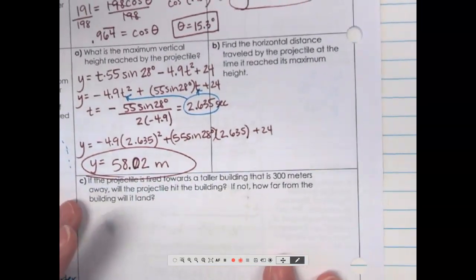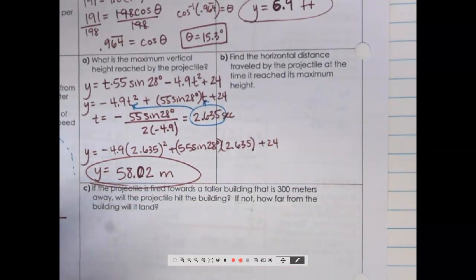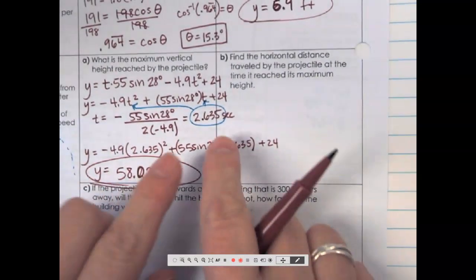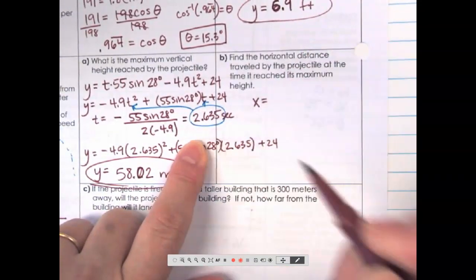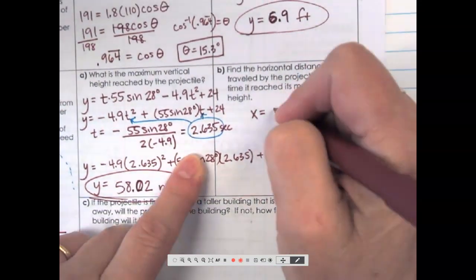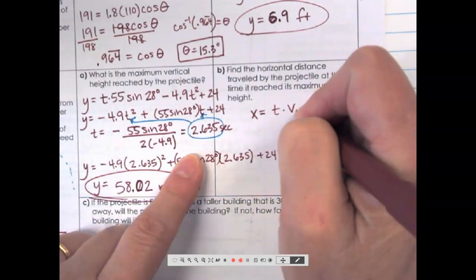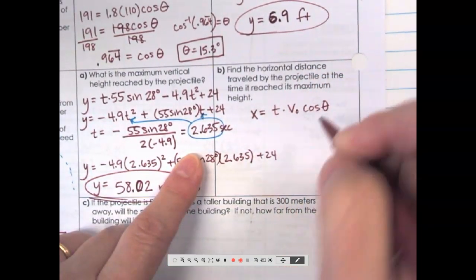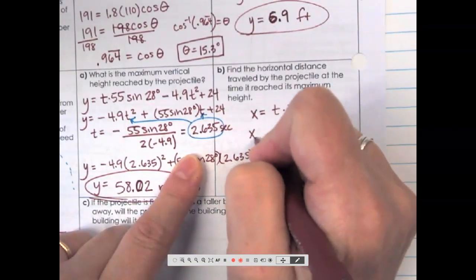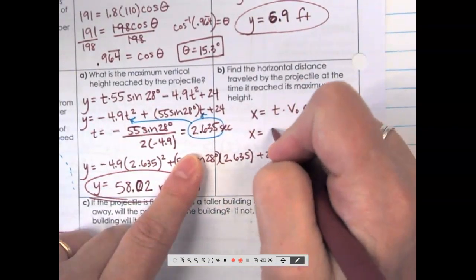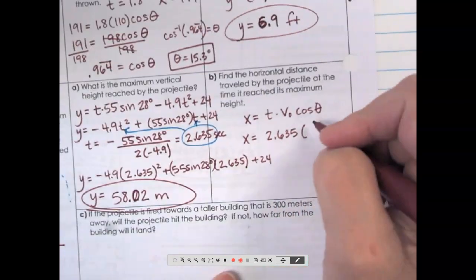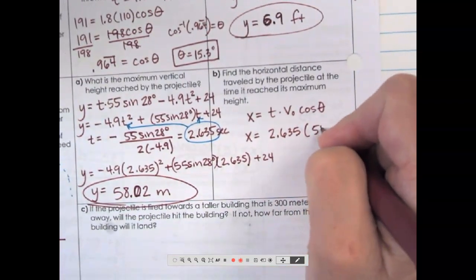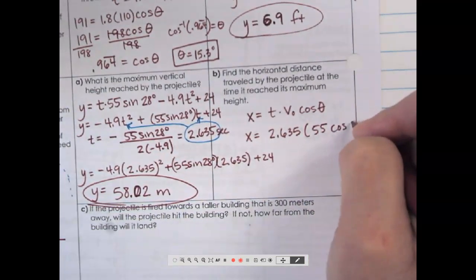Okay, find the horizontal distance traveled by the projectile at the time it reached its maximum height. Okay, so we know the time now, and we're just going to sub that into our horizontal equation. So x equals t times v sub 0 cosine theta, that's the formula. X equals time 2.635, initial velocity 55, cosine angle 28.